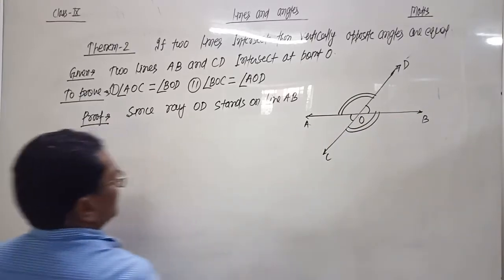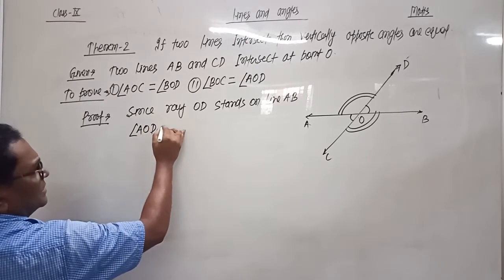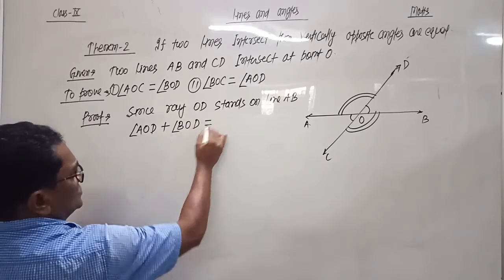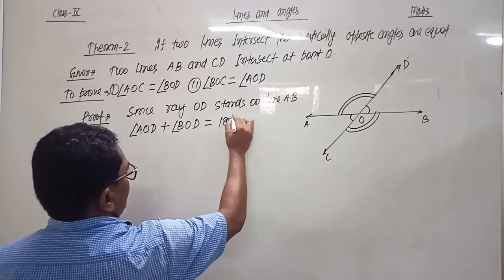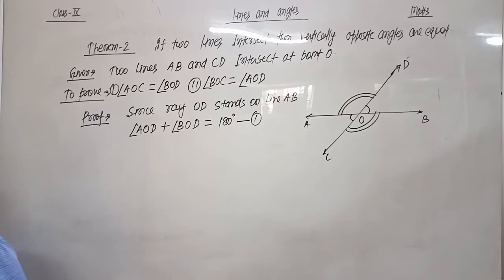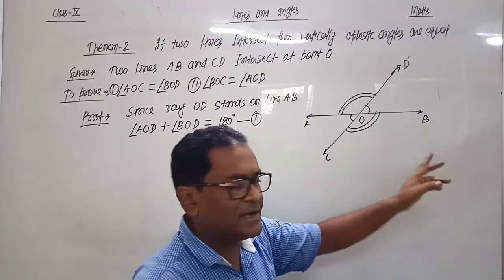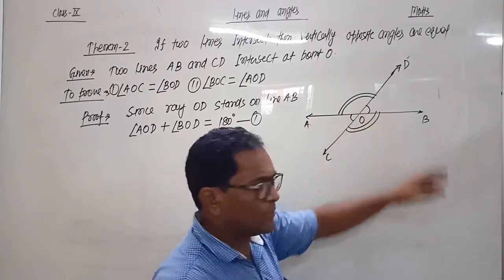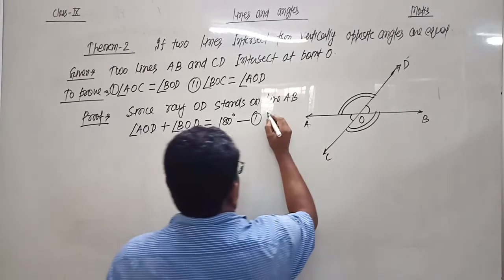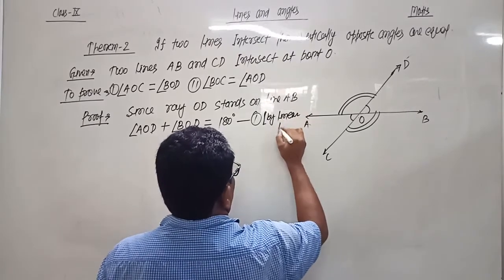So by linear pair, we can write that angle AOD plus angle BOD equals 180 degrees. We have proved that by linear pair, the sum of two adjacent angles is 180 degrees if they form two opposite arms.